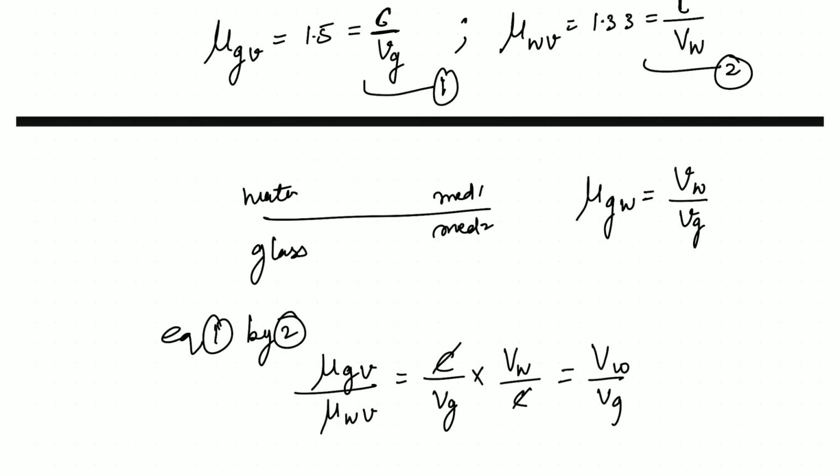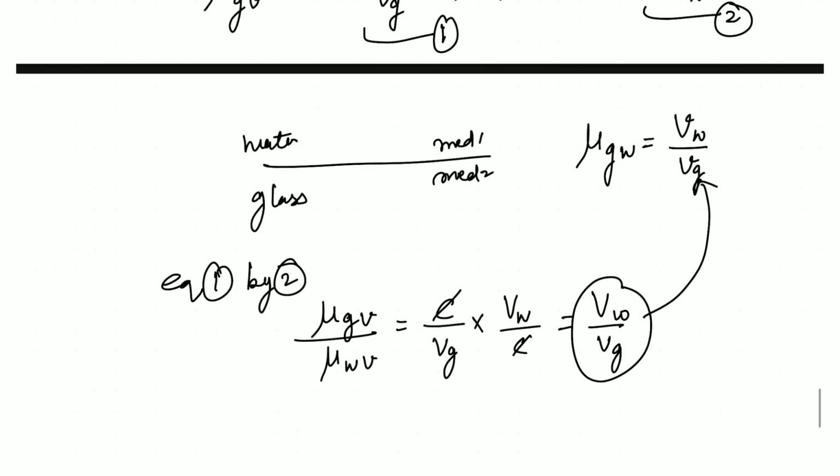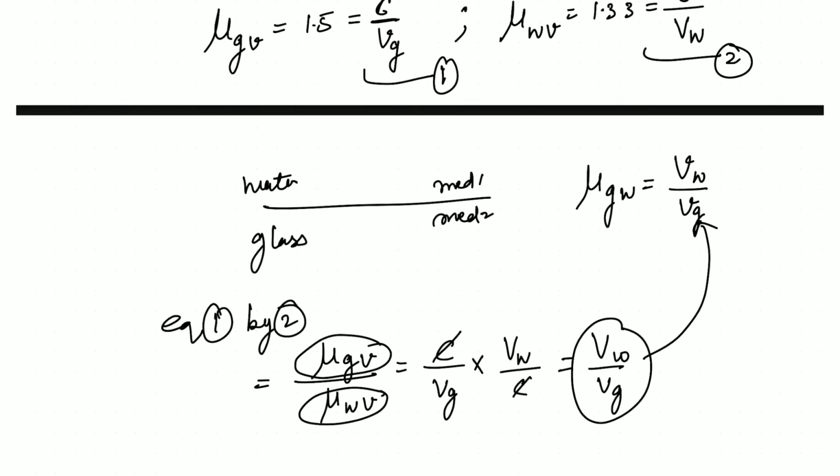You will get Vw upon Vg, which is basically what is required, right? Now all we have to do is divide, right? Now which quantity do we have to divide? You have to divide the refractive index of glass with respect to vacuum upon the refractive index of water with respect to vacuum. Now these values are given to you. This is your 1.5 and this is your 1.33.